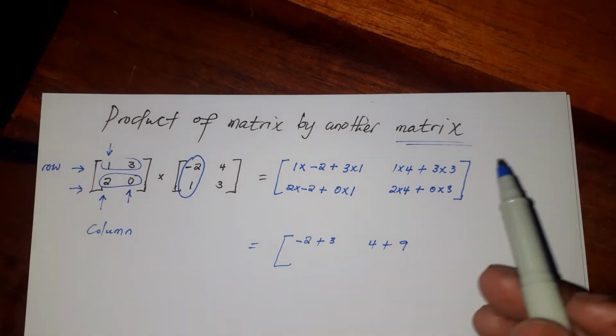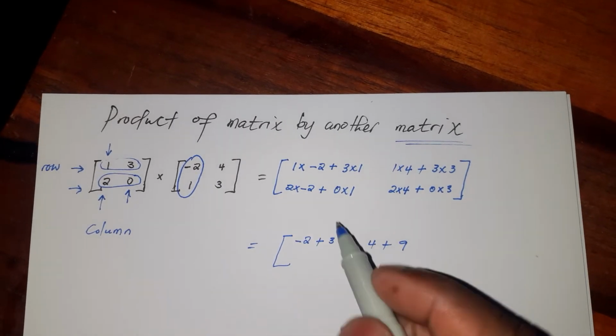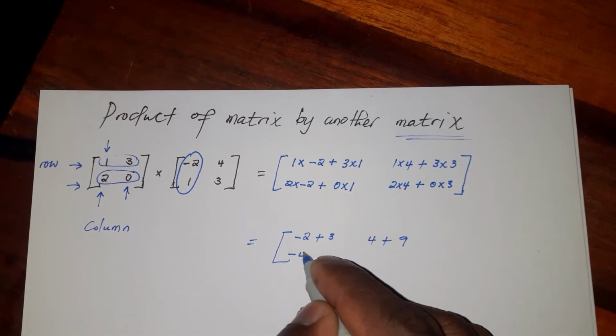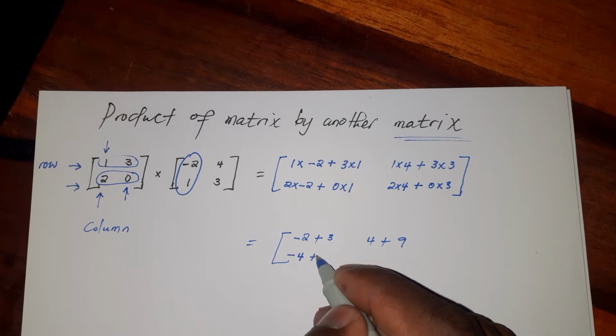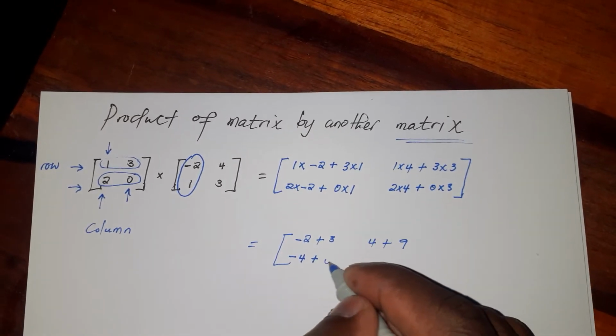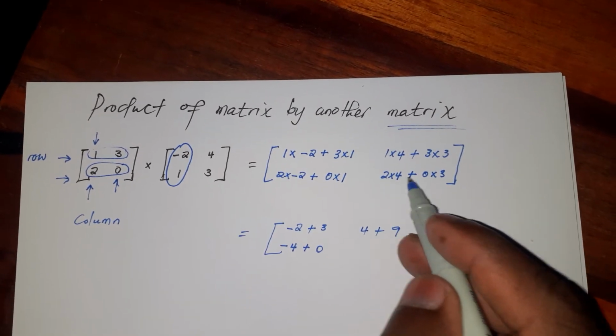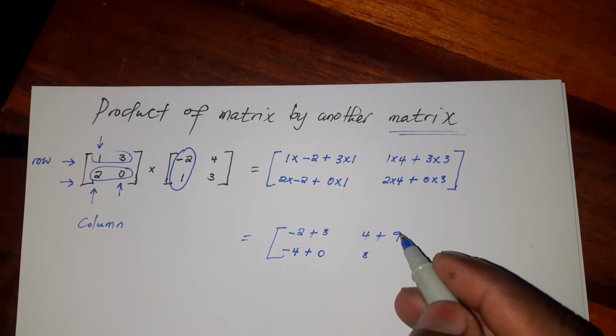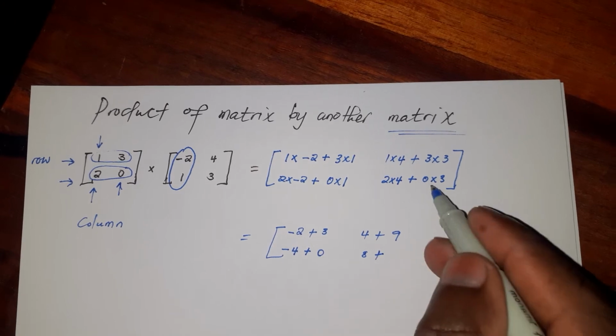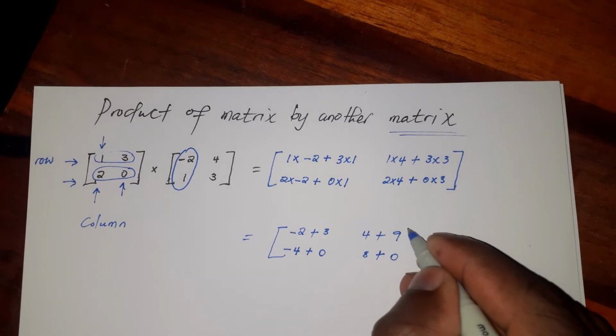After that, we come here. 2 times -2 is -4 plus 0 times 1 is 0. And then we can also come here. 2 times 4 is 8, and then plus 0 times 3 is 0.